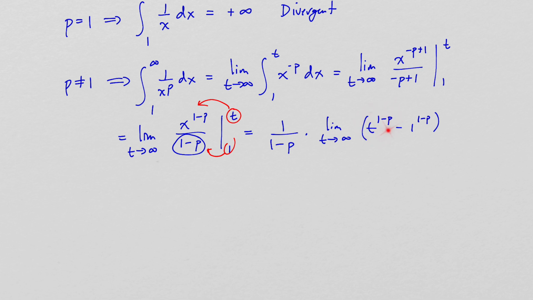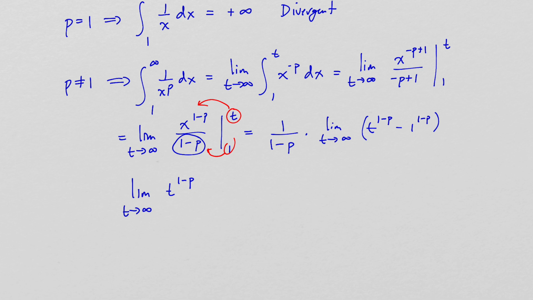So the question is, what happens to this? Well, it depends on the value of p. So let's just focus in on the limit as t goes to infinity of t to the 1 minus p. Let's think about this.